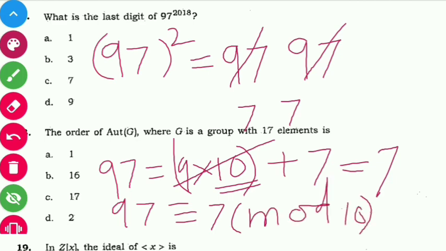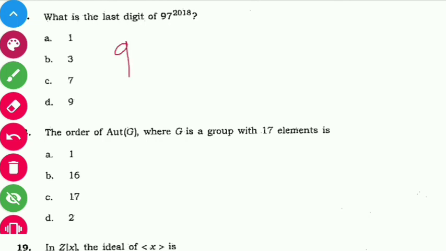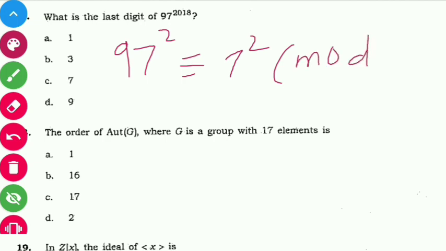This is true, right? Because 10 divides 97 minus 7, which is 90. So when you take modulo 10 of this number, we get 7 square, right? So we have 97 square is congruent to 7 square mod 10, right?